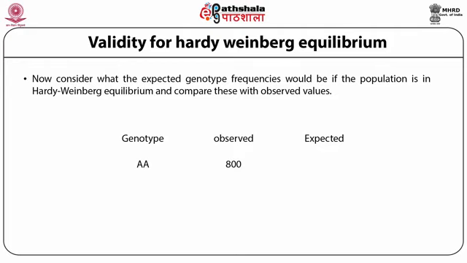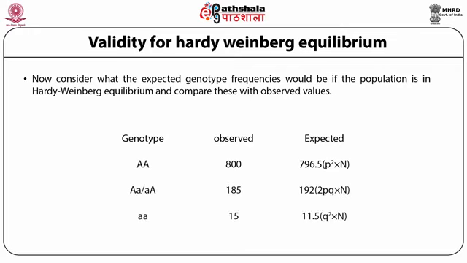So, if we square 0.8925 and multiply by the number of samples screened, we get the expected number for the AA genotype, which is 796.5 in this case.